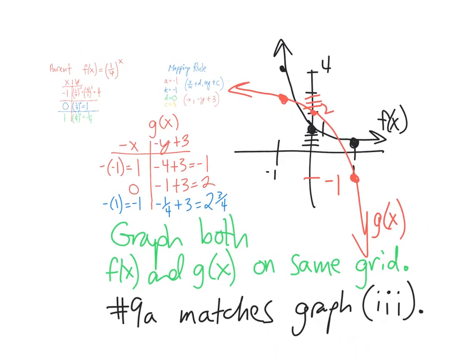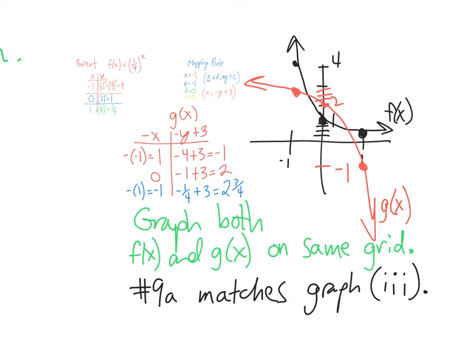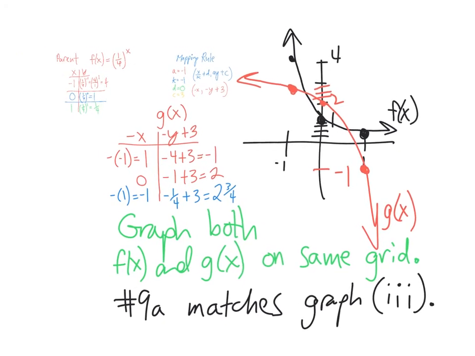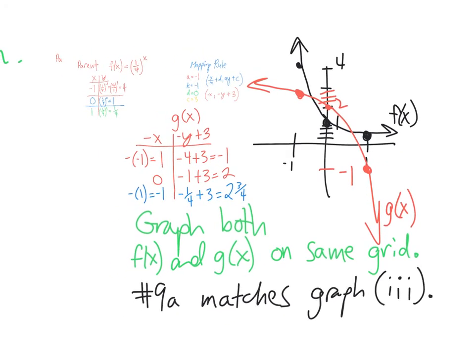And if we plot all that information, the parent and the g at x transformed exponential, all on the same grid, the black curve is our parent function, which has a base of a quarter, so it's decaying, decreasing to the right.